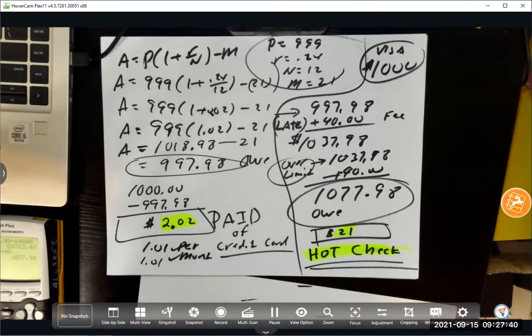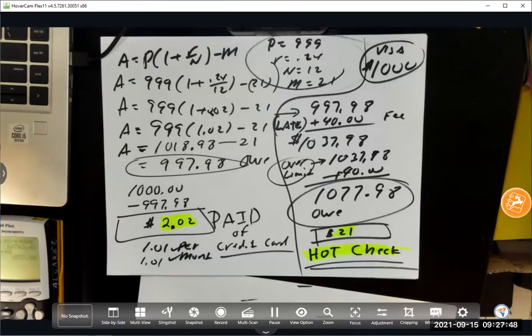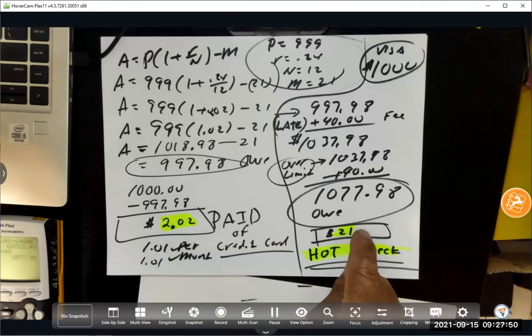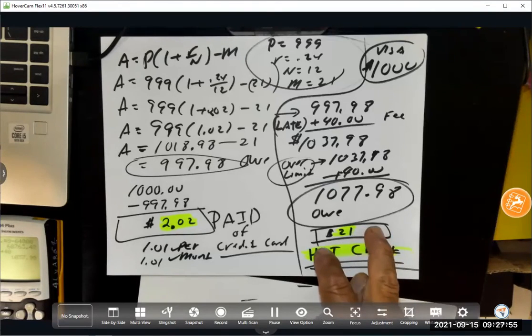Target, Walmart, all the stores. If I write a hot check and it's no good, they're gonna charge me a fee for my mistake. And then my bank, are they gonna charge you a fee also for messing up?